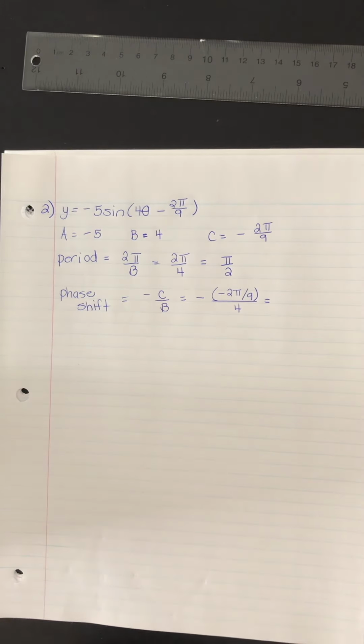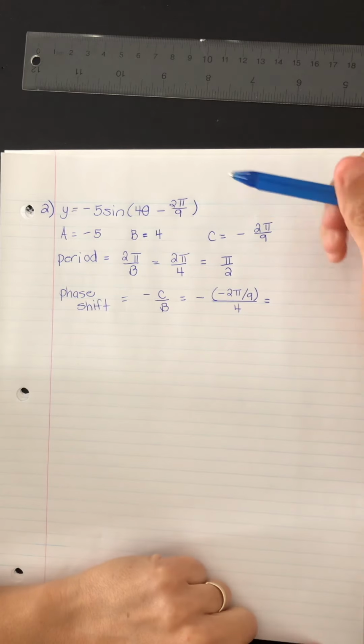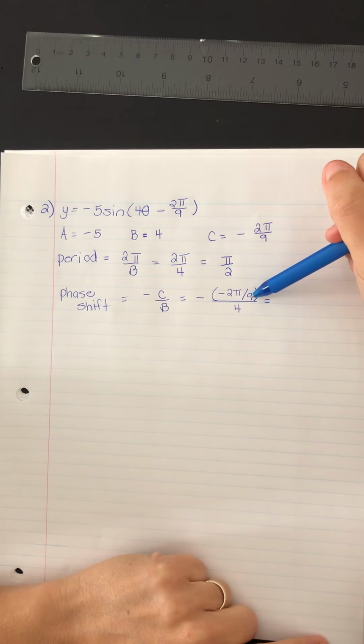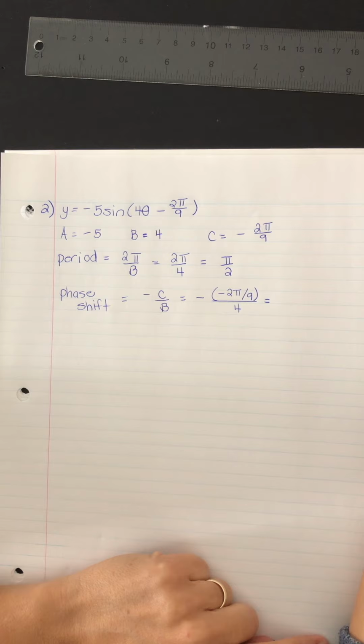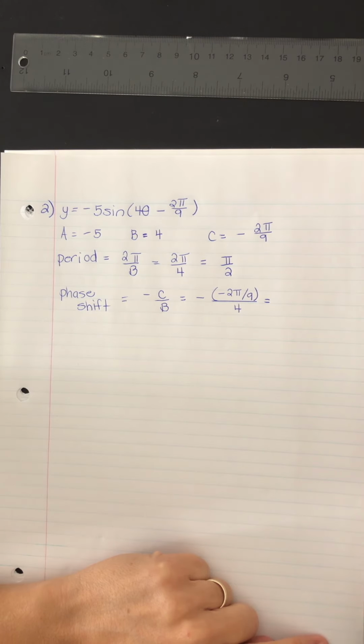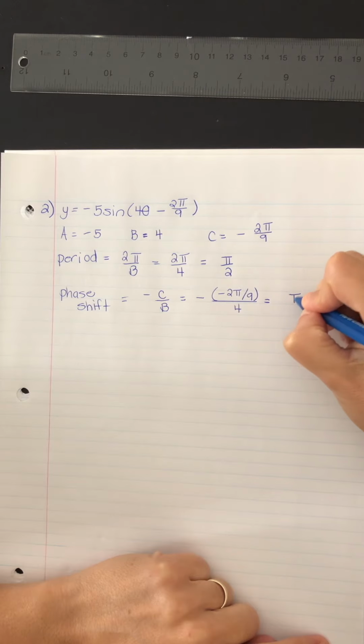And we need to figure this out. 2/9 divided by 4 is the same as 2 over 36, which is 1 over 18. So we get 1 pi over 18, or pi over 18.